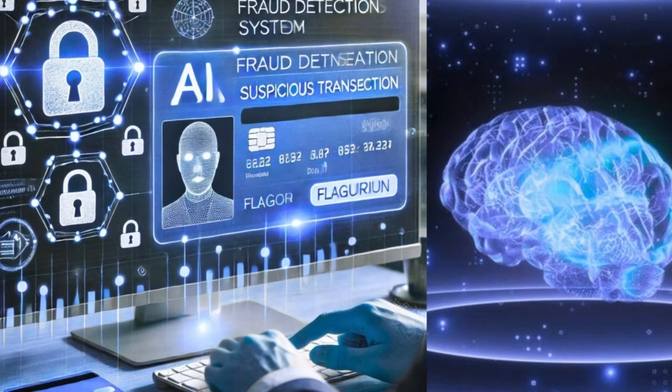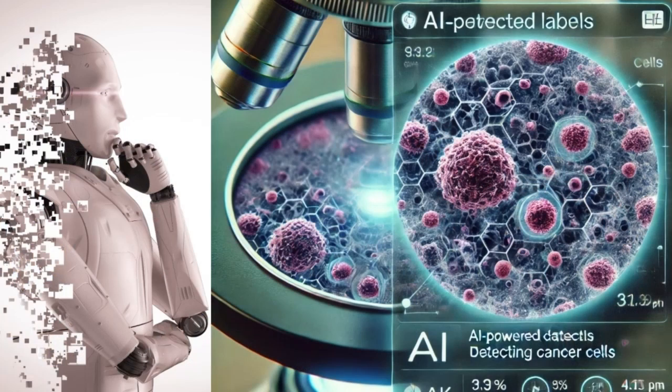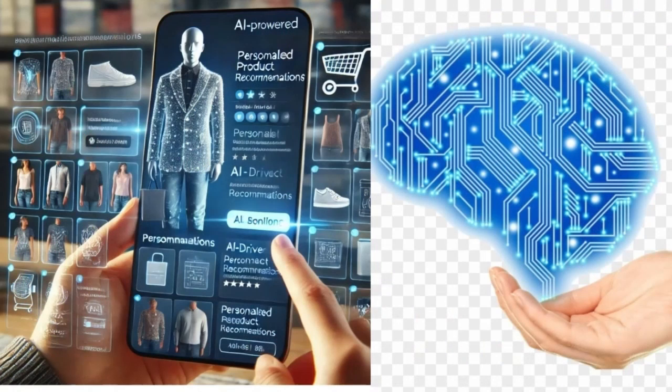Retail businesses leverage it for customer segmentation and personalized recommendation systems to enhance user experience. Additionally, in autonomous vehicles, supervised learning aids in object detection and lane tracking, enabling safer and more efficient self-driving technology. These applications showcase the wide-ranging impact of supervised learning in modern technology.